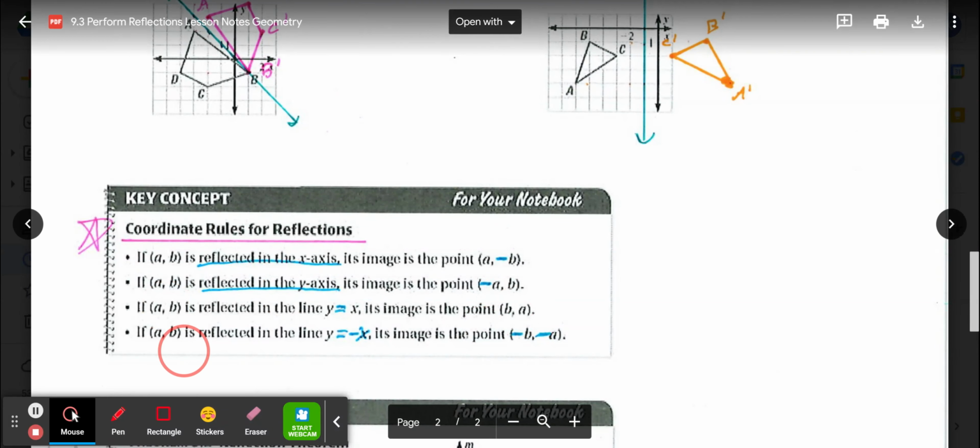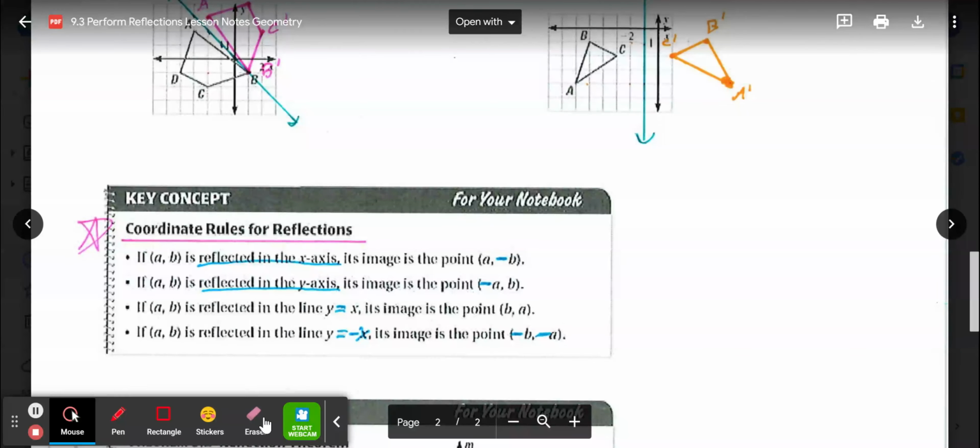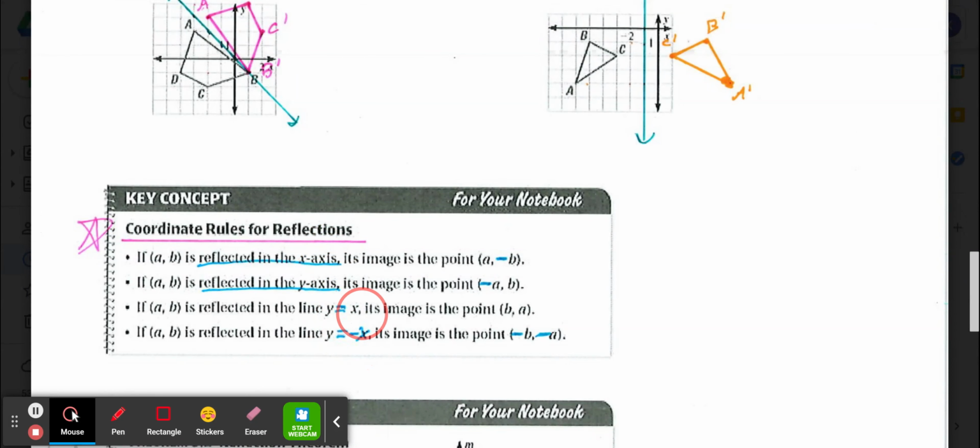And then our last one, if we have the coordinate (a, b) reflecting over y equals the opposite of x, then our new point is (opposite of b, opposite of a). So if we just keep track of these 4 rules, they show you how to deal with reflecting over these 4 special lines.